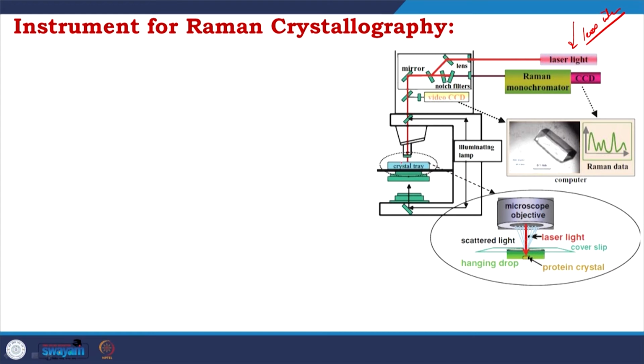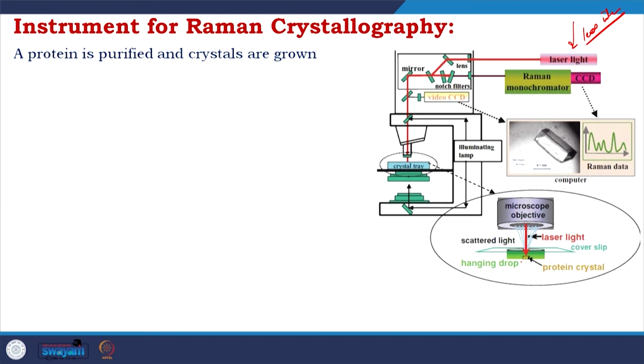Also, you could see the position of the crystal and control it. Just like you see the microscope objective, you have the crystal here, the scattered light is coming, the laser light, here is the cover slip, and this is the protein crystal.